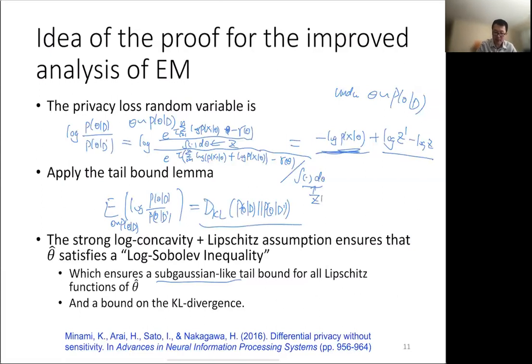Okay, so using the log Sobolev inequalities, you can bound the KL divergence, and you can also control the tail of the privacy loss random variables in a similar fashion. And by putting everything together and working out the parameter regime, then you can get the results that I've shown in the previous slide.